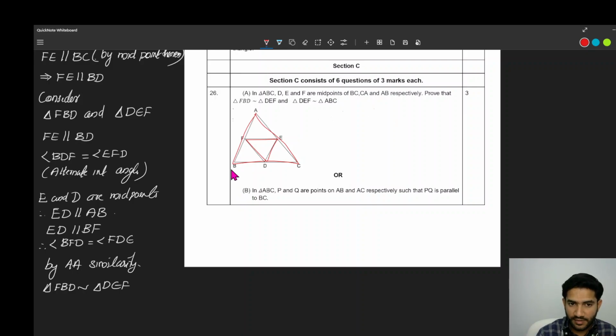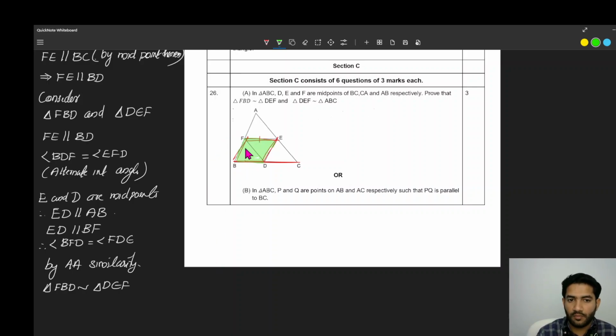So again we can use AA criteria because we know that these sides are parallel. This side and this side are parallel, and these sides are parallel. So look here, this is a parallelogram.